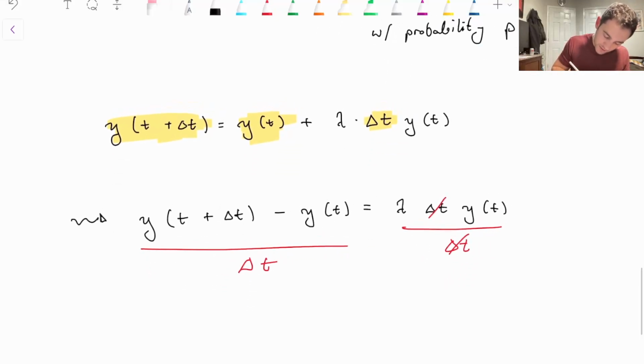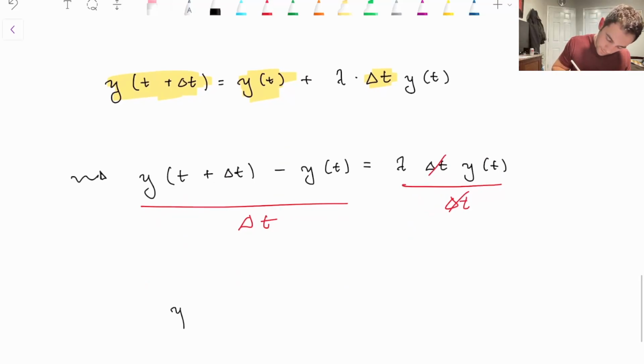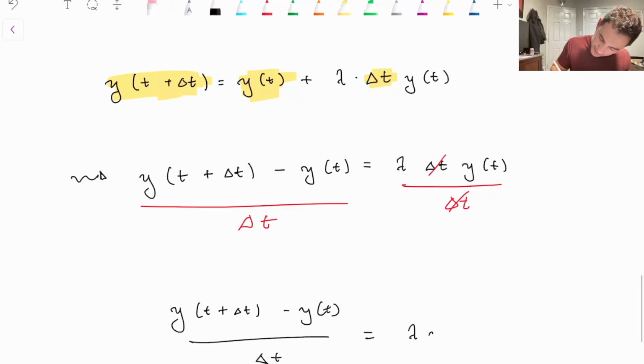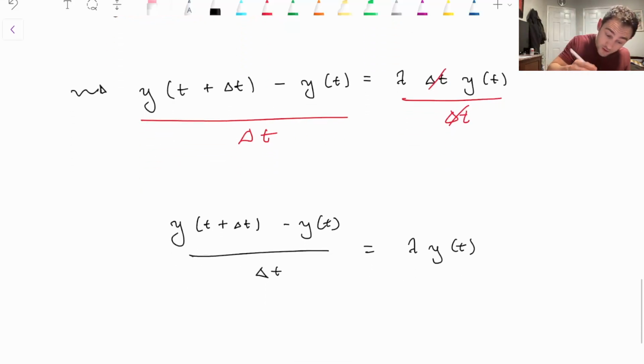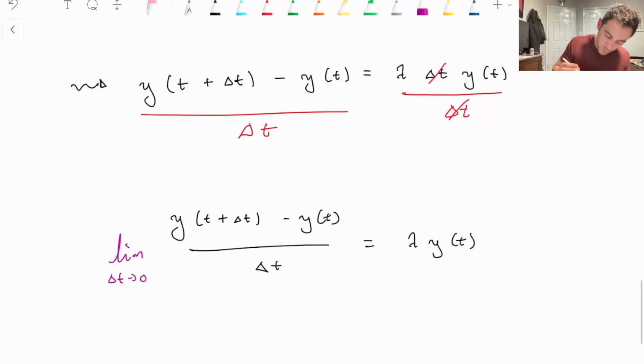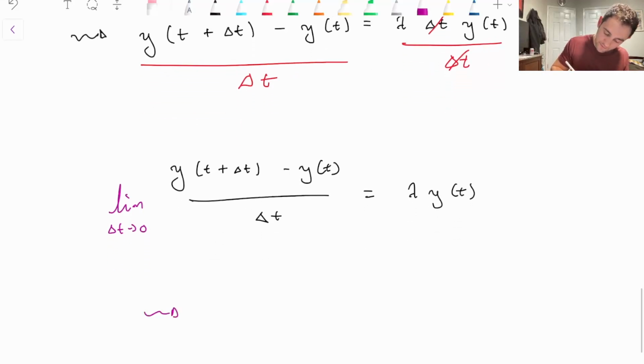And now I have precisely a difference quotient equal to lambda times y of t. This, of course, I hope we recognize, if I were to slap a sneaky little limit in front, would become precisely y prime equals lambda times y.